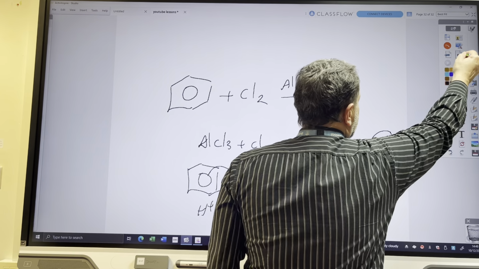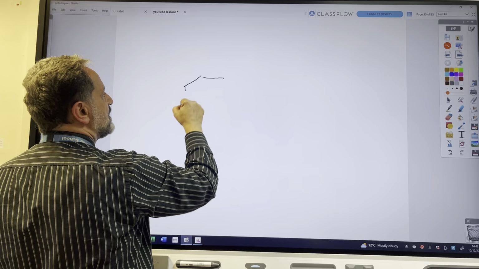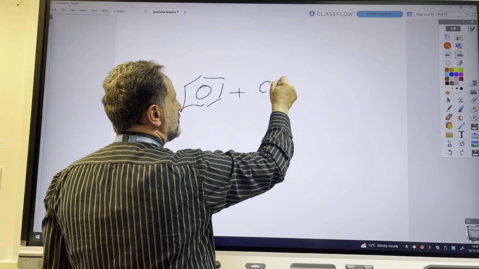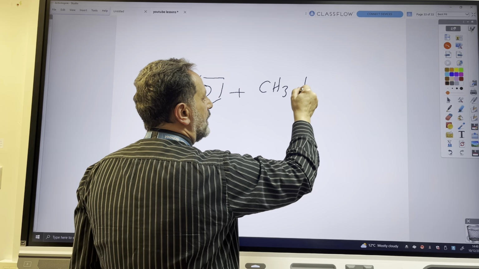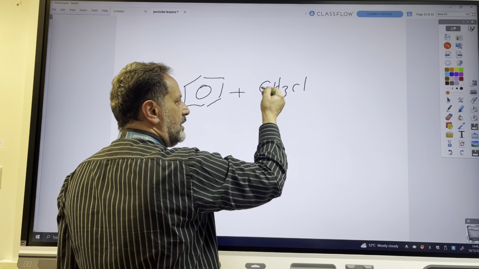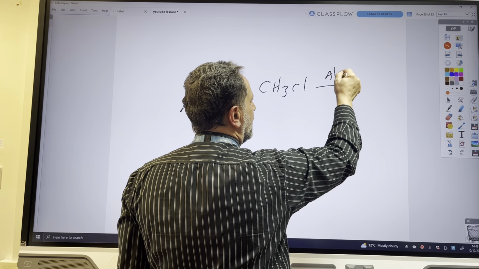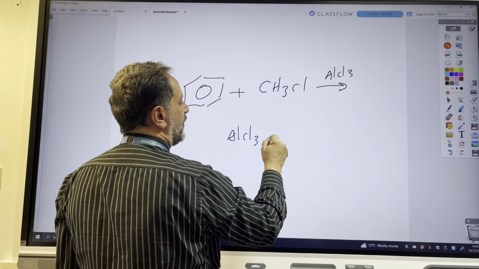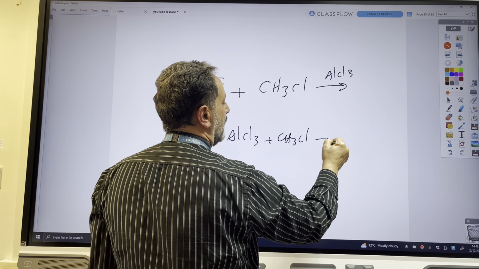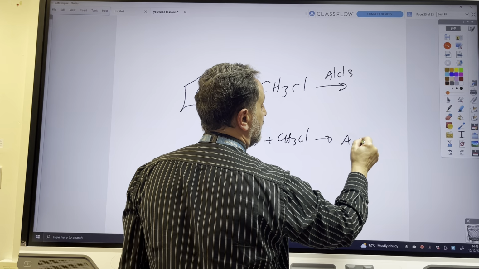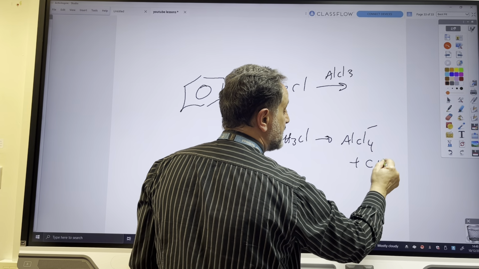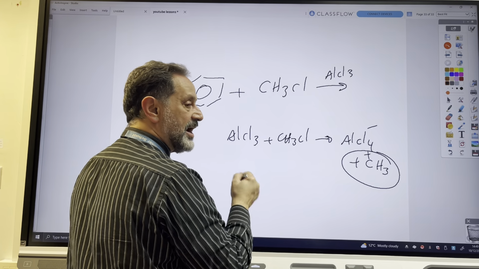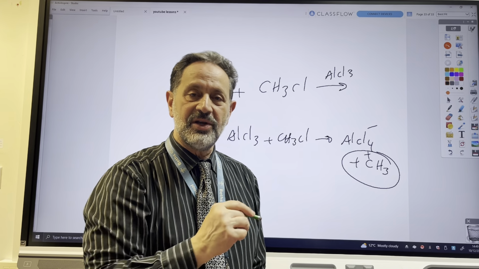What about alkylation? What about if you want to produce methylbenzene? You react it with a corresponding haloalkane, chloromethane, and you can use Friedel-Crafts again, right? If you use Friedel-Crafts plus CH3Cl, you can then produce AlCl4- plus CH3+. And then the reaction mechanism is exactly the same as the other two examples you've already seen.